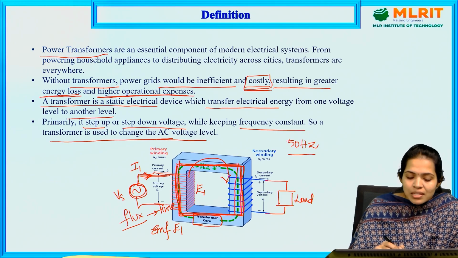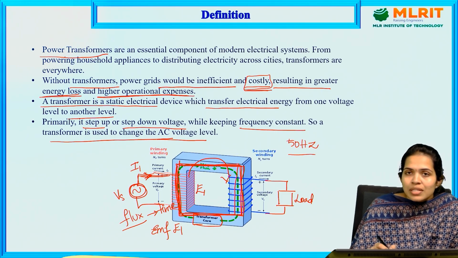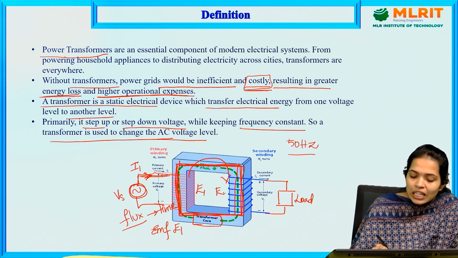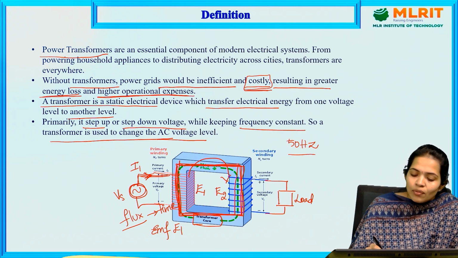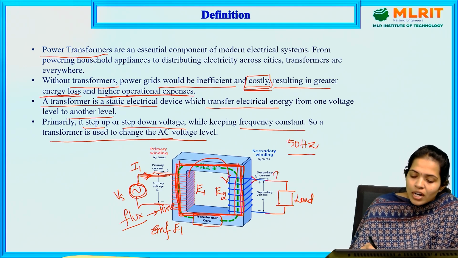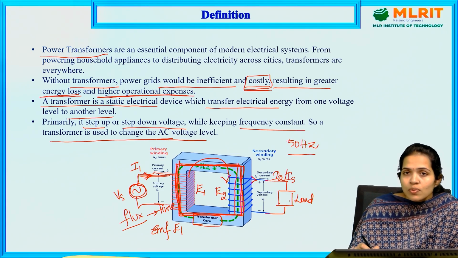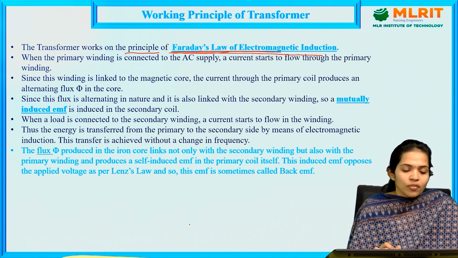So when this time varying flux and this induced EMF links to the secondary side or the secondary circuit of the transformer, there will be an EMF E2 which will be induced in the secondary winding, which drives a current called I2 or IS, which is nothing but the secondary current, which is used to drive the loads which are connected to the secondary circuit of the transformer. So this is nothing but the basic working operation of the transformer.